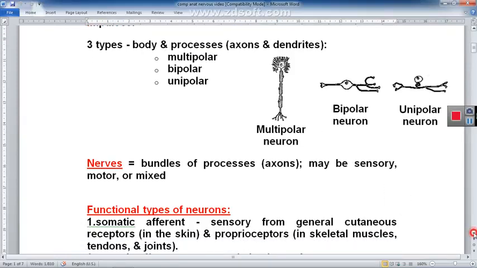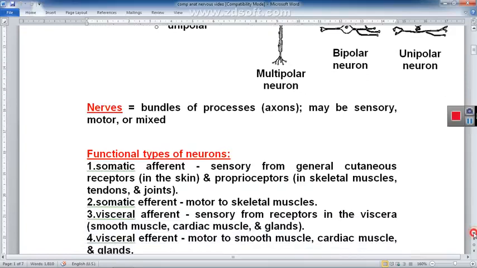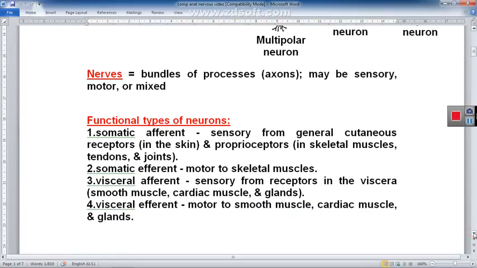Later on we will hear in anatomy and in other topics the term nerve: ulnar nerve, radial nerve, various nerves in the body. What is the meaning of nerve? The term nerve refers to a bundle of axons that are connected together by connective tissue.